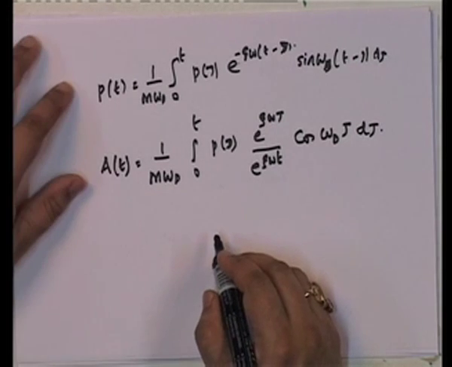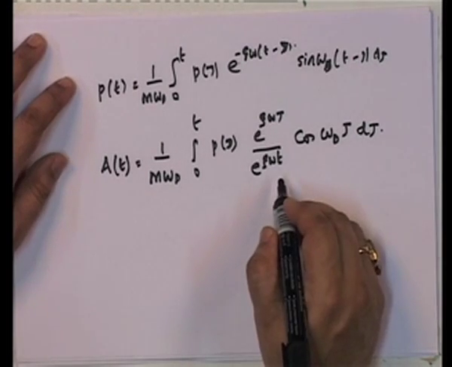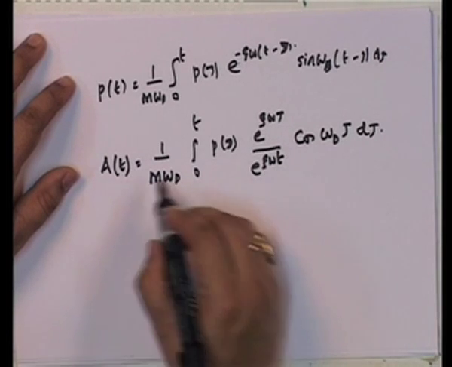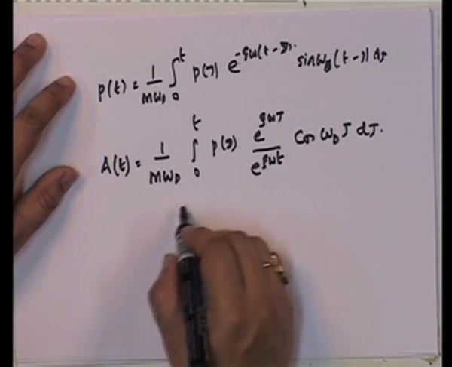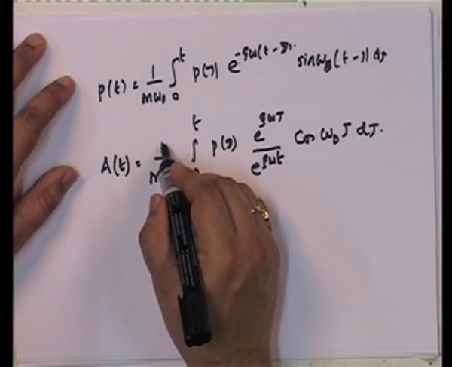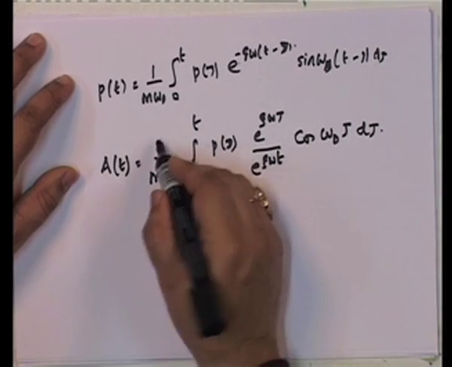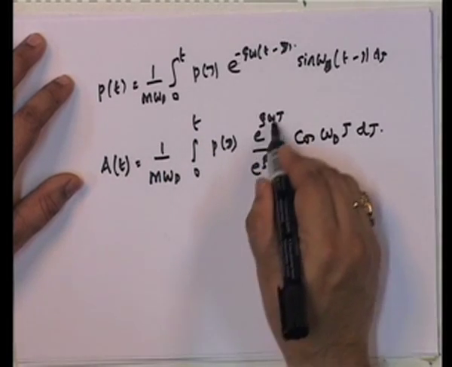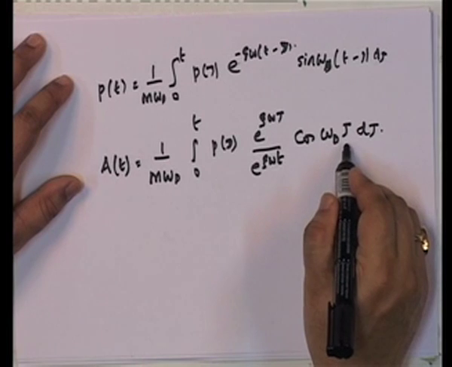So, what I have essentially is that this term goes out here and becomes e to the power of minus xi omega t upon m omega d, into the integral of p of tau e to the power of xi omega tau cosine omega d tau.